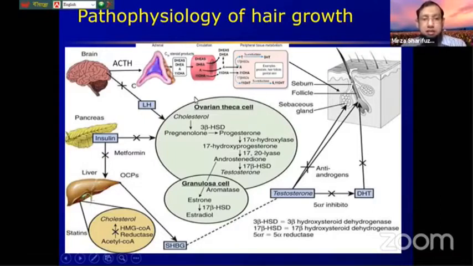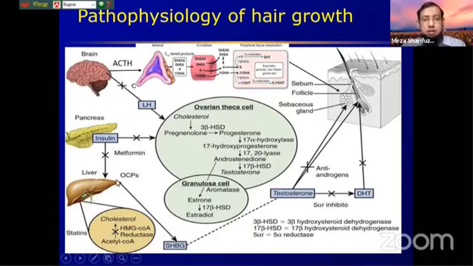On the other hand, the ovarian cell is dependent on LH from the pituitary gland, which causes secretion of testosterone, and further it is converted to DHT, as I mentioned earlier. And second thing, the SHBG, the binding protein for the androgen, is secreted from the liver.